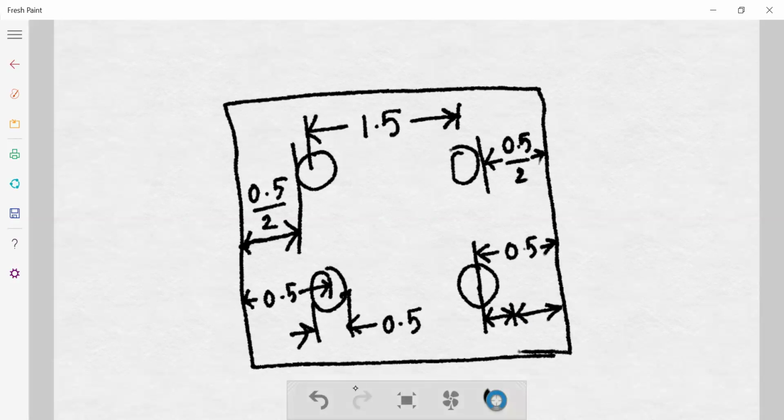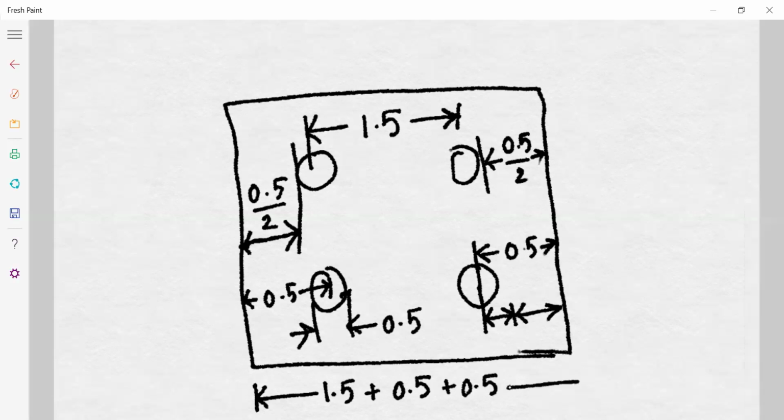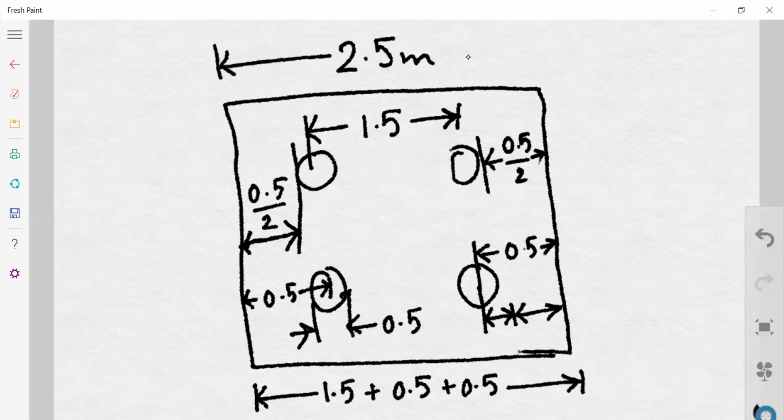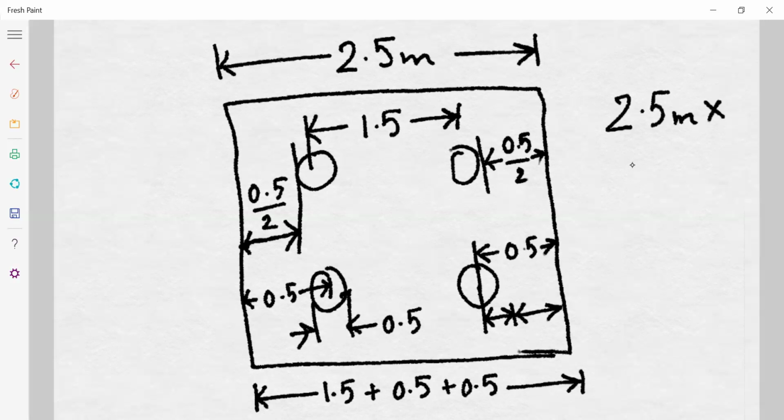Then the size of the pile cap will become 1.5 plus 0.5 on the left plus 0.5 on the right. So the pile cap size is 2.5 meter.